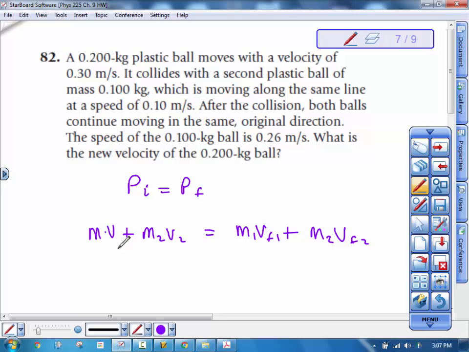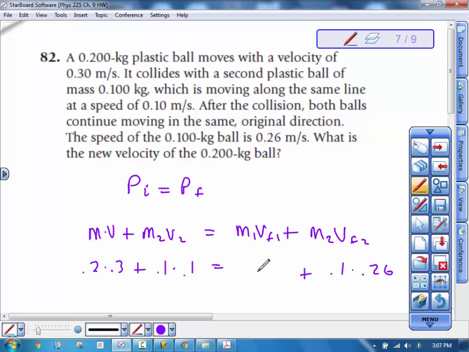So originally we have 0.2 times velocity of 0.3, and then the second one would be 0.1 times velocity of 0.1 equals, after collision both balls continue to move in the same direction, the speed of the 0.1 kilogram ball, which is our second ball, is 0.26, so we have 0.1 times 0.26 here.